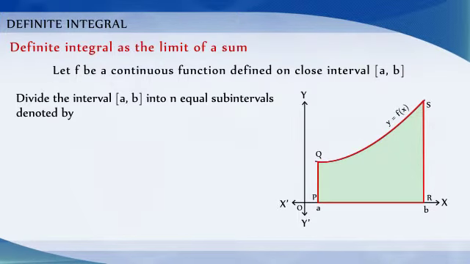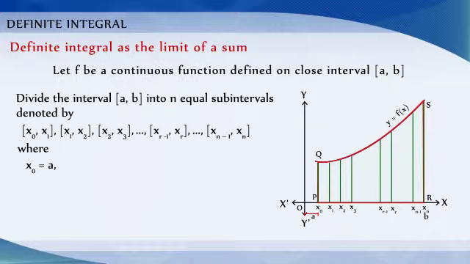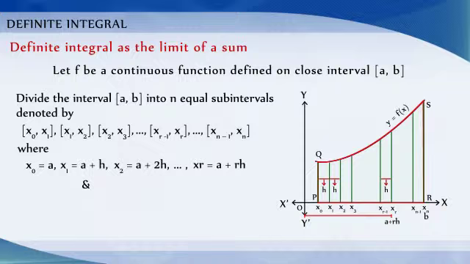Divide the interval a comma b into n equal subintervals denoted by x0 comma x1, x1 comma x2, x2 comma x3, etc., xr minus 1 comma xr, etc., xn minus 1 comma xn, where x0 is equal to a, x1 is equal to a plus h, x2 is equal to a plus 2h, etc., and xr is equal to a plus rh, and xn is equal to b, which is equal to a plus nh, or n is equal to b minus a by h.